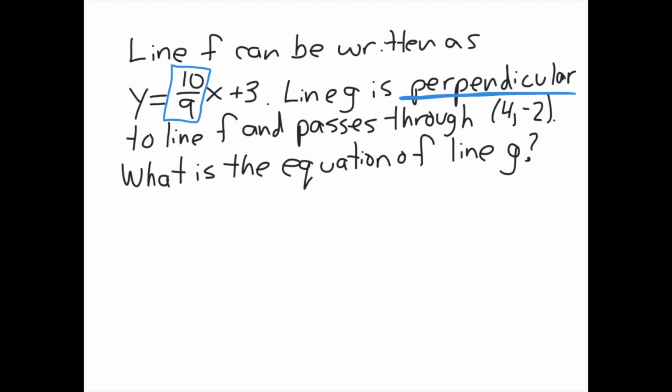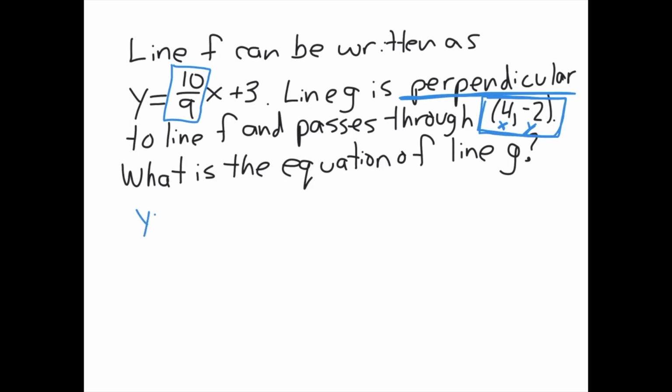And the last thing that's important is that this x value and this y value have to work in my answer. The equation that I'm going to build has to have that x and y value actually work inside it. So here's how we can use those three important pieces of information to build an equation, like it says in this question.